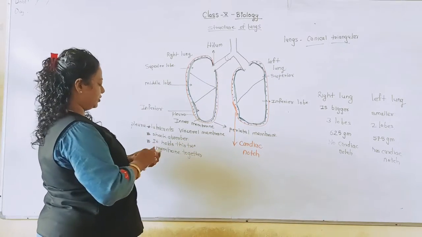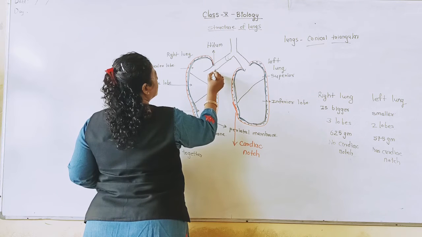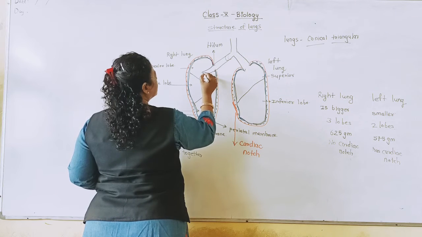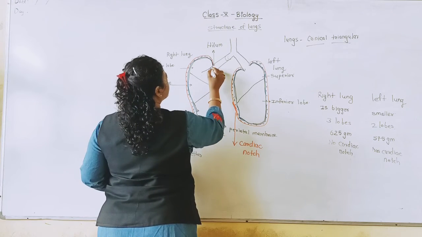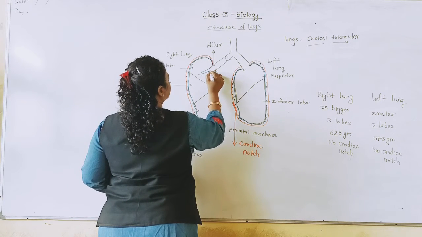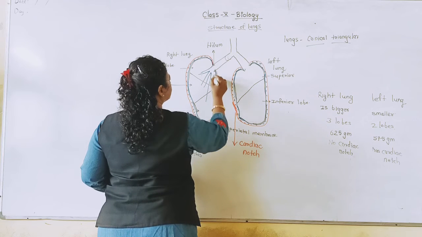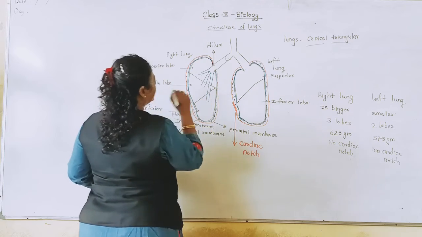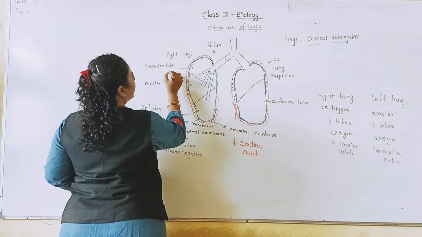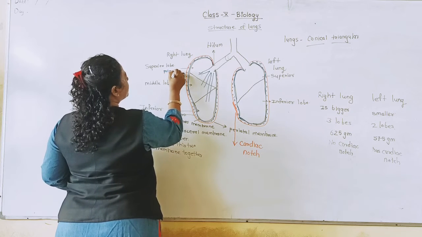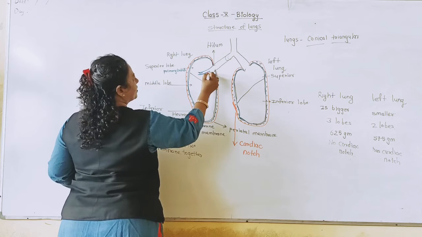After it, students, you can see this is the primary bronchi. Okay students, this is what? Primary bronchi. These are the primary bronchi.